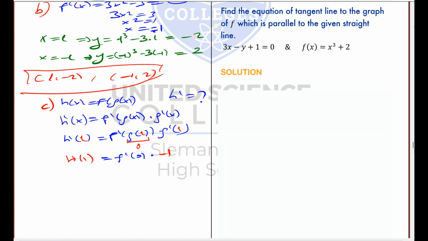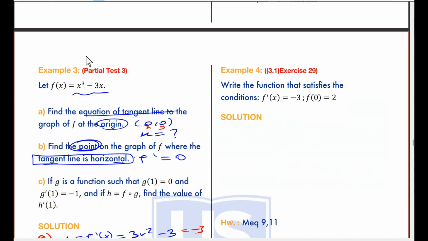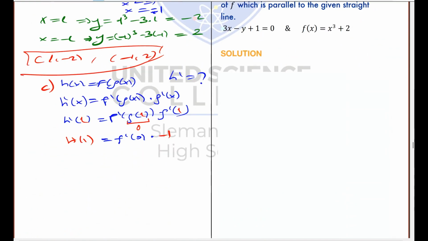Is f prime of 0 given? Let's see. F prime of 0 is not given in part C, but part C belongs to this question whose function f is x cubed minus 3x. So if we know the function f, we can find its derivative. F of x is given as x cubed minus 3x, right? So what I need is its derivative.